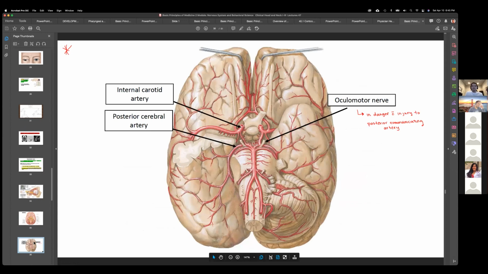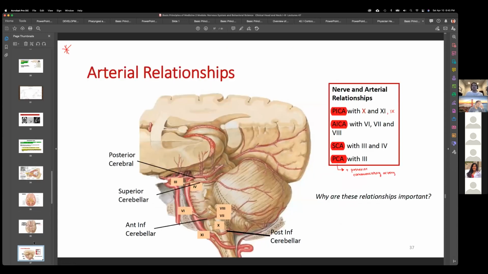Right, same thing again, this is neuro 1 stuff. So super important. One of those things where it's like, why are you telling us this now? It's like, if you knew what correlates with what, I try to point that out in the first one. Anything PCA is 3, superior cerebellar 3 and 4, AICA's a little bit lower down coming off the basilar. So 6, 7, 8. PICA comes off of the vertebral, 9, or sorry, 10, 11, maybe even 9.